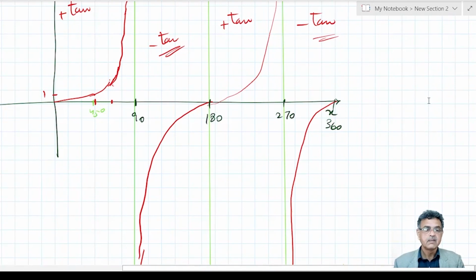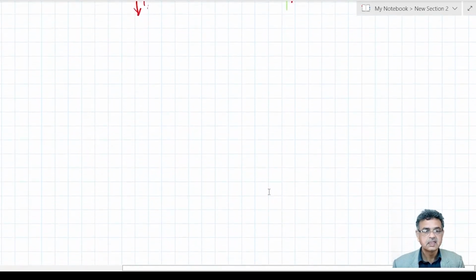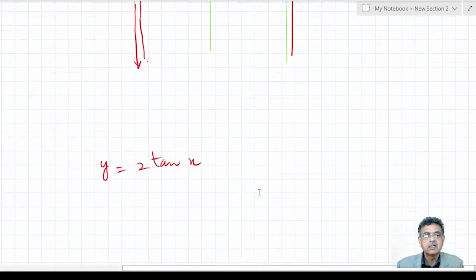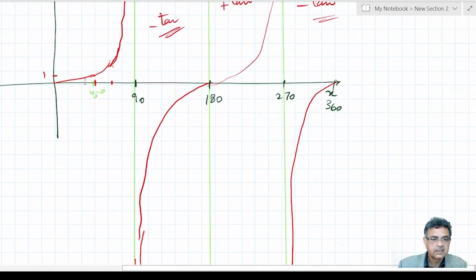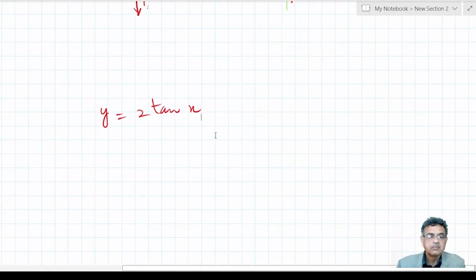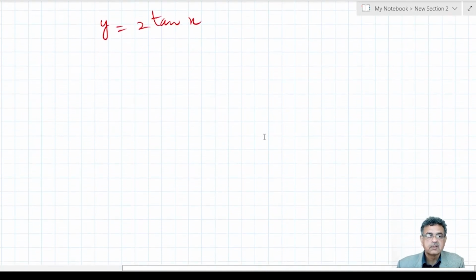If its amplitude is 2, let's say if y is equal to 2 tangent x, there will not be any remarkable difference in the shape of the graph except this value 45.